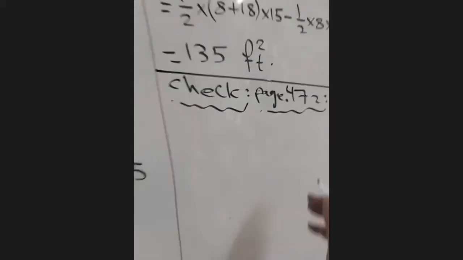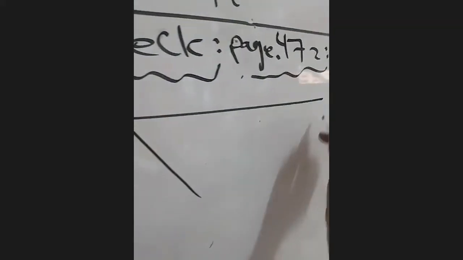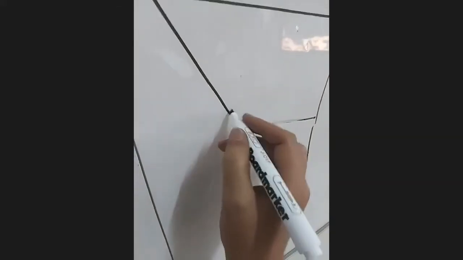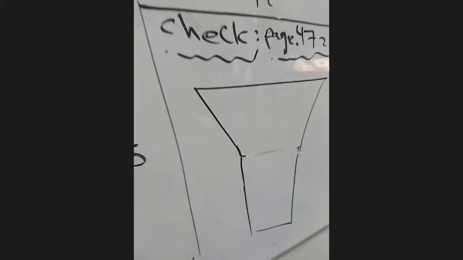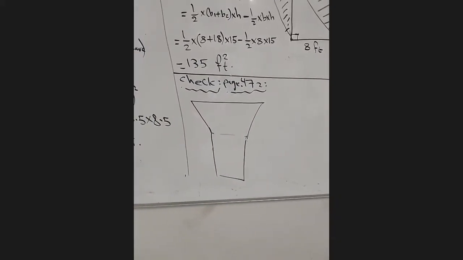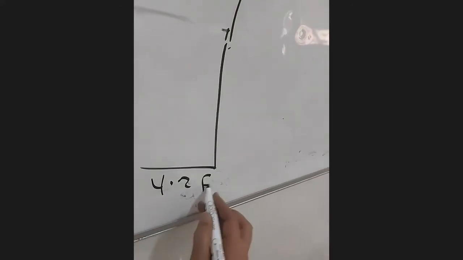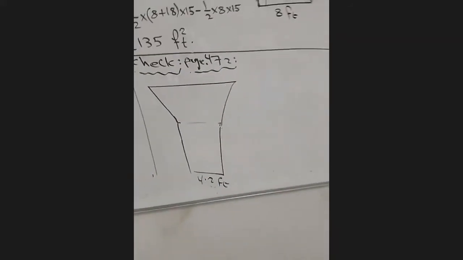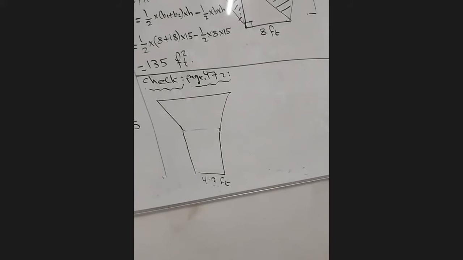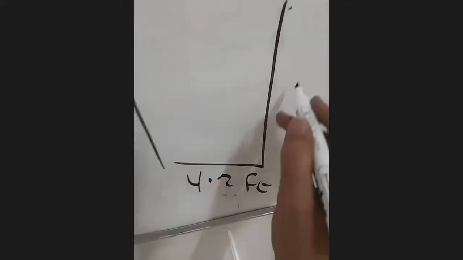I have something like this. Here we have 4.2 feet down. Here we have, please guys, take a look at the figure in your book, it's more accurate, 6.3 feet.